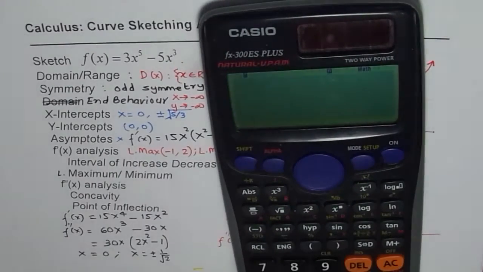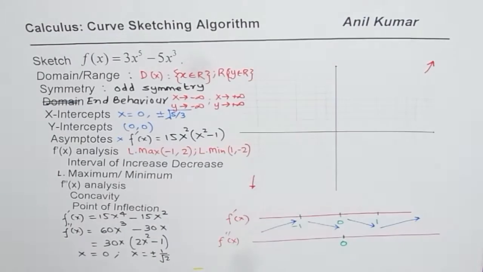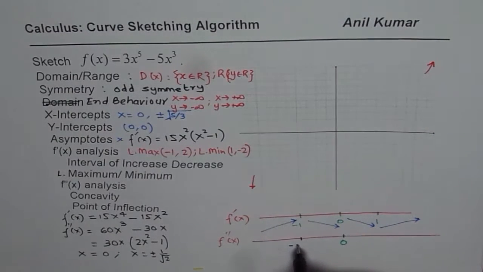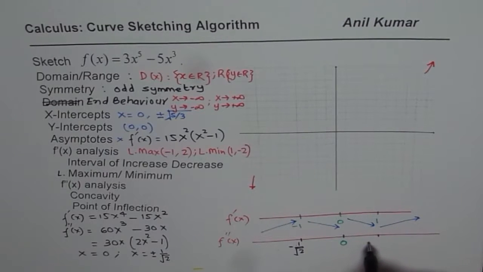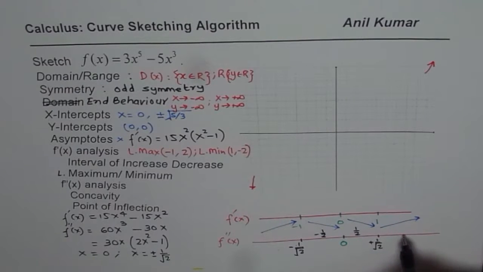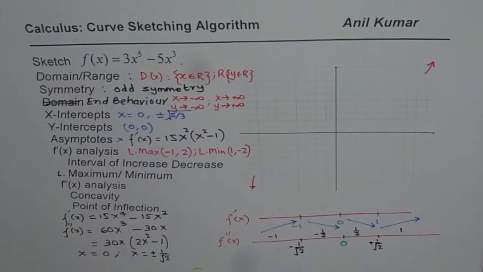Let us test it out. 1 divided by square root of 2 is approximately 0.7 in decimals. So we will write minus 1 over square root 2, and the point here is plus 1 over square root 2. Since it is 0.7, we could take half and minus half as our test points in this interval, and we could take 1 and minus 1 in the outside intervals.